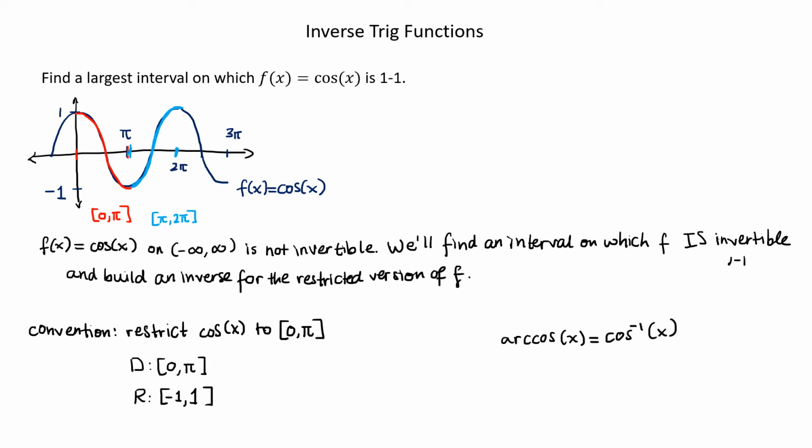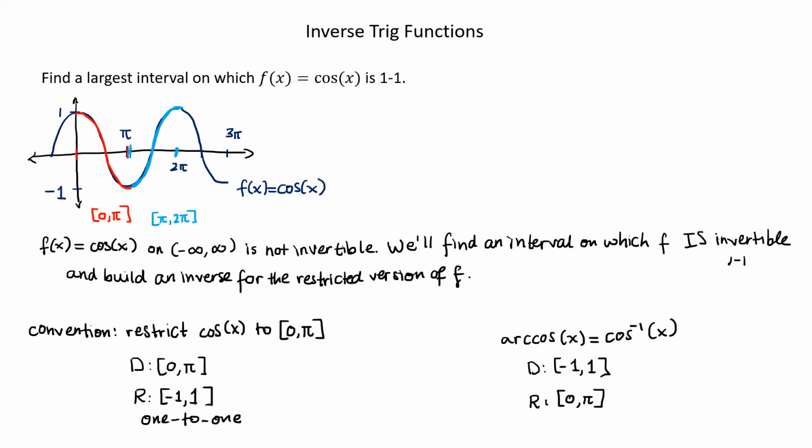It was a one-to-one function. The inverse function, cosine inverse or arc cosine of x, is going to swap inputs and outputs. So the domain of this function is going to be -1 to 1, and the range is 0 to pi.